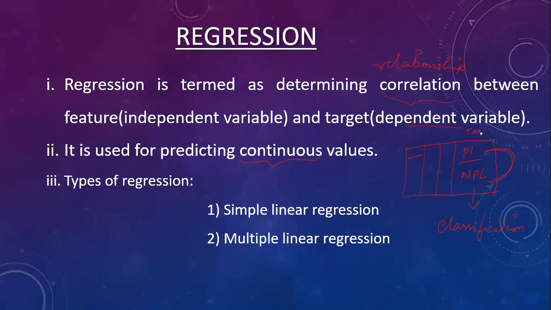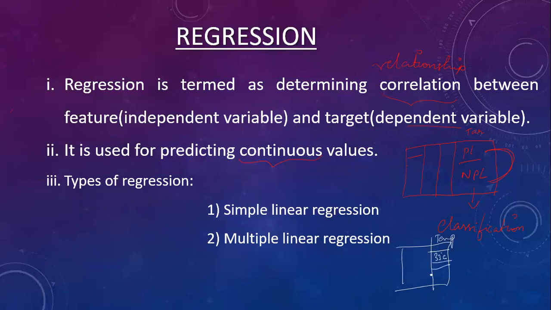And suppose the target variable is temperature, and you have to predict the temperature for tomorrow. Like if you see in Google, there will be a forecast for the next day. So Google will predict the temperature, suppose 33 degrees Celsius, that way.